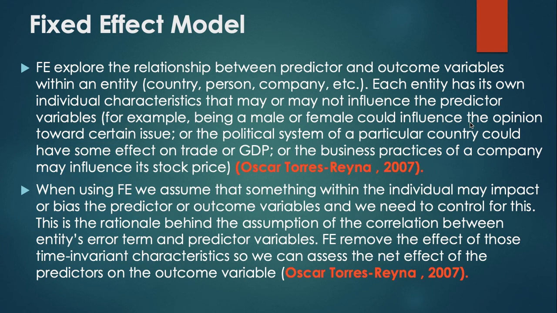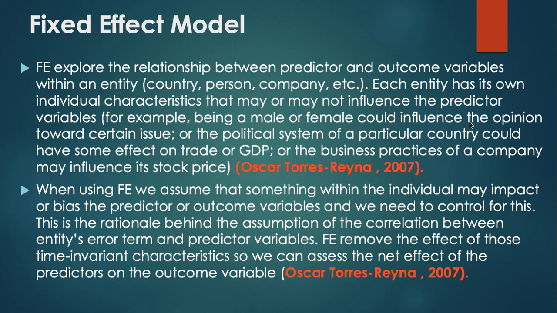For example, being male or female could influence the opinion toward certain issues, or the political system of a particular country could have some effect on trade or GDP, or the business practices of a company may influence its stock price. So when using fixed effect, we assume that something within the individual may impact or bias the predictor or outcome variable, and we need to control for this.